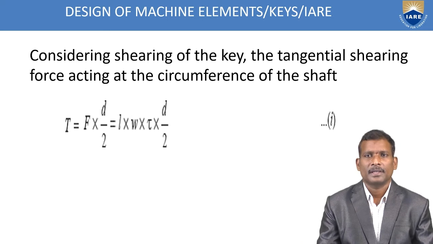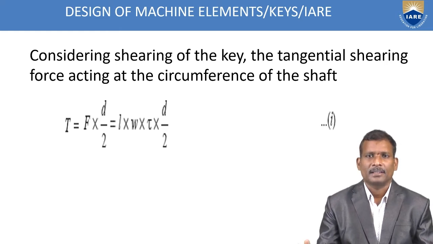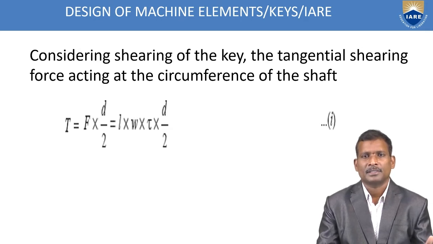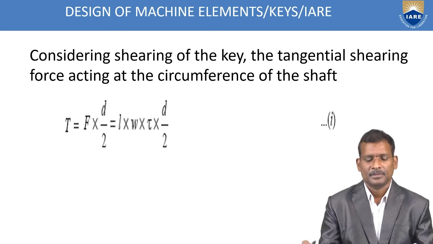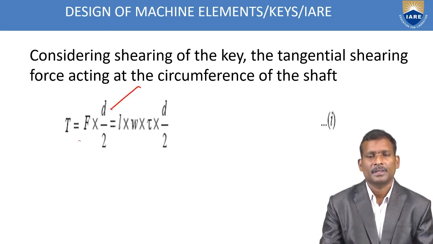Now, considering shearing of the key, the tangential shearing force acts at the circumference of the shaft. How to calculate it? It gives torque. So how to calculate torque? Torque is equal to the force acting multiplied by the perpendicular distance, that is, the distance at which the force is acting. So we multiply force with d by 2, that is the radius of the shaft.